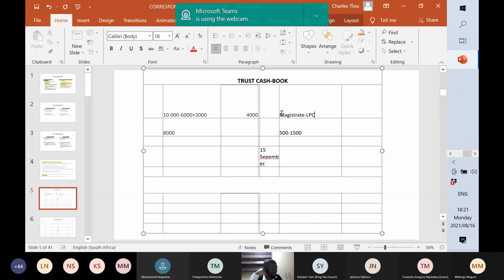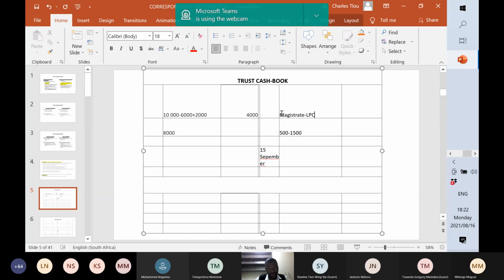Payments received from a debtor are trust money. So the trust cash book will be debited and the corresponding trust ledger account credited. You do not open a trust ledger account of the debtor, because the debtor must just pay and disappear.